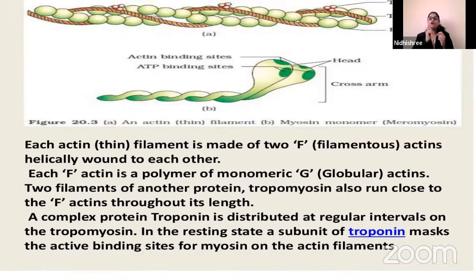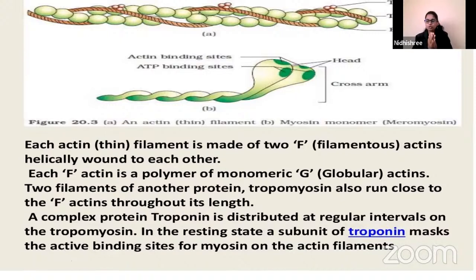F actin is filamentous actin which has the shape of a filament, and G actin is globular actin, globular in shape. Here you can see an actin thin filament. This is actin, and the myosin monomer. Then two filaments of another protein, tropomyosin, also run close to the F actin throughout its length.